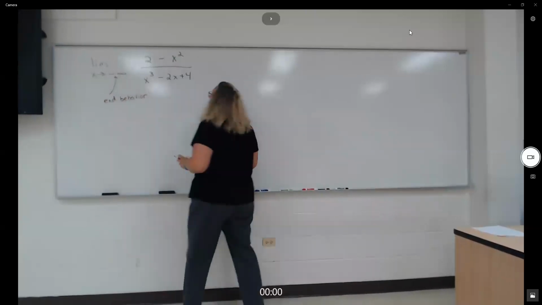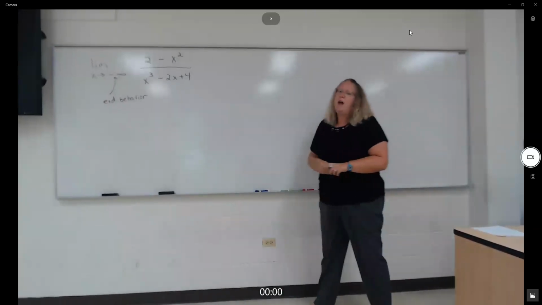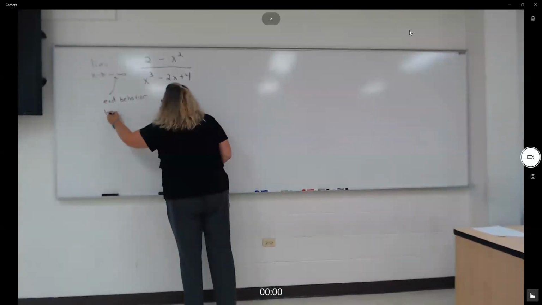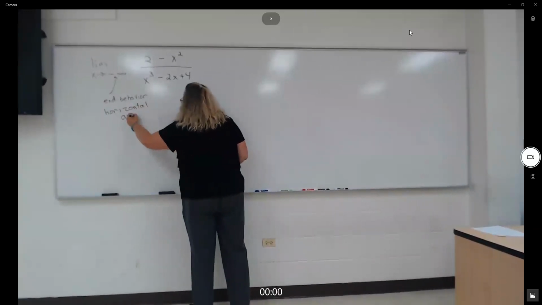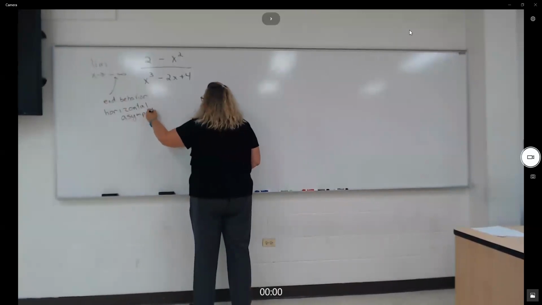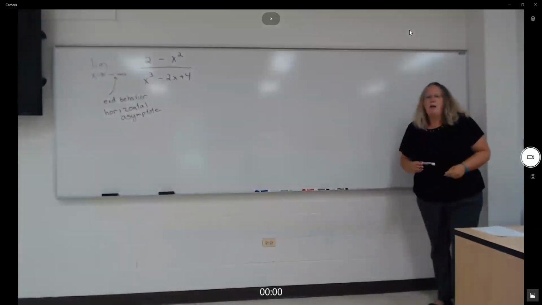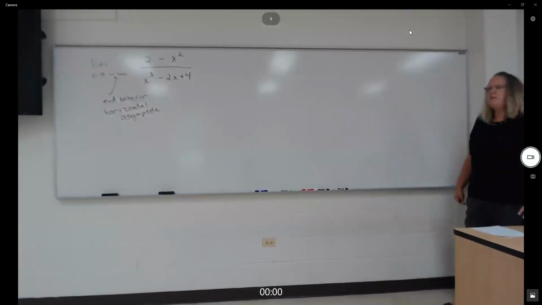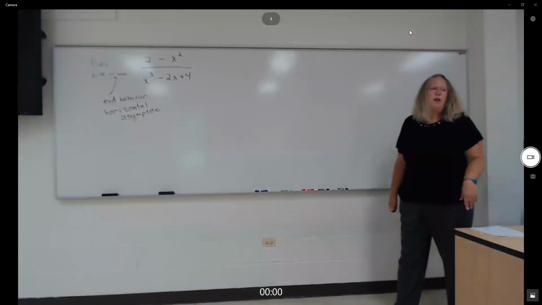So when I have a rational expression and positive infinity or negative infinity, I'm really talking about the horizontal asymptote. Now if I want to do it algebraically, what am I going to divide everything by? X to the highest exponent in the denominator.